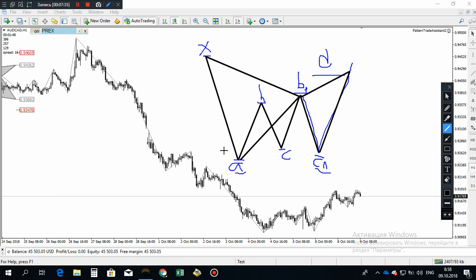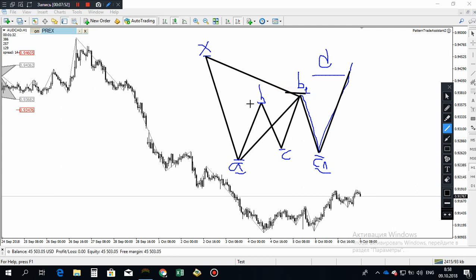You see? So you have the zigzag within the A to B leg. A to B leg has a zigzag. It's okay for patterns. And of course, this B point should stay within the ratios.